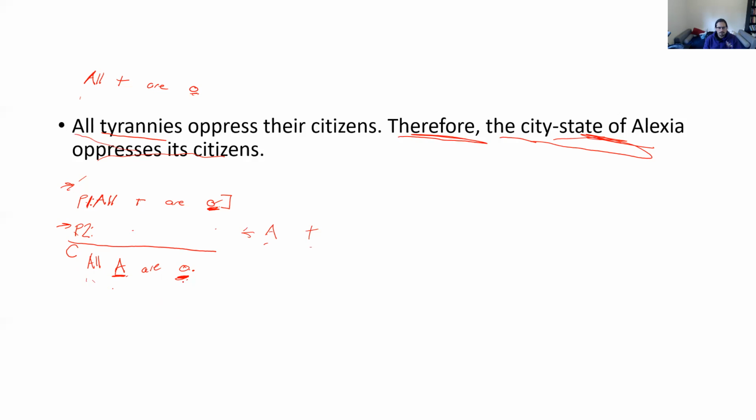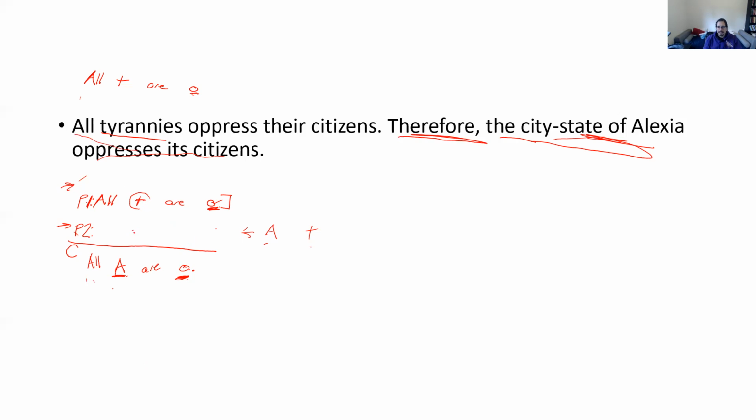Next, we want to figure out, so is this an A or is it an I? Let's look at some of the other rules now. Rule number 1 states the middle term must be distributed at least once. Now, again, the T is the middle term. If it was not distributed in premise 1, then we'd have to make sure it was distributed in premise 2, right?